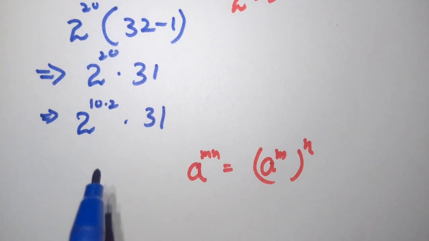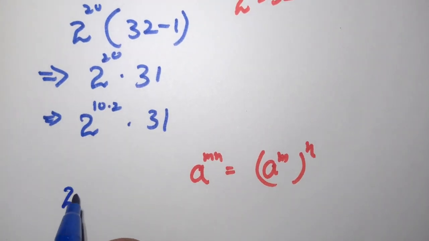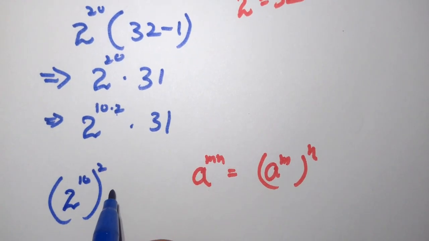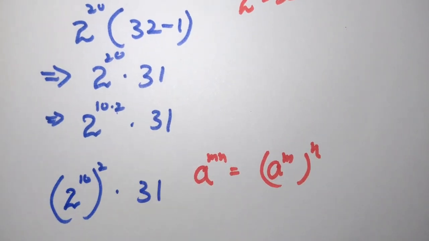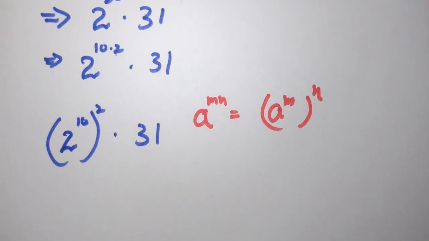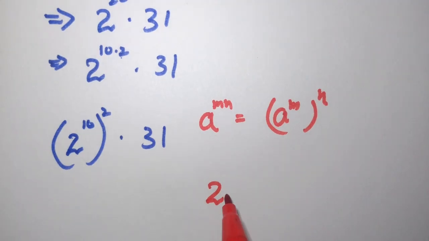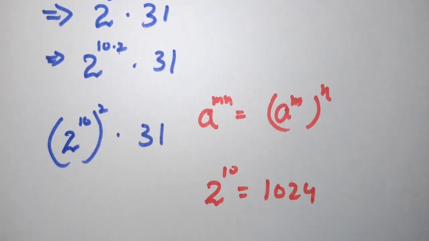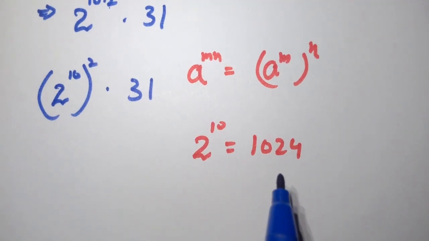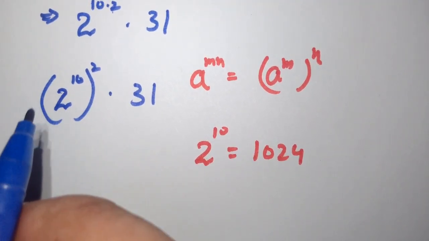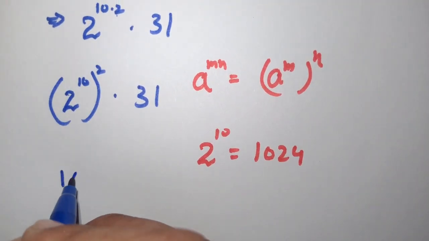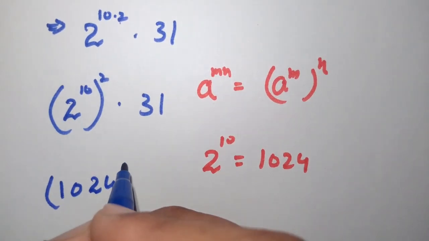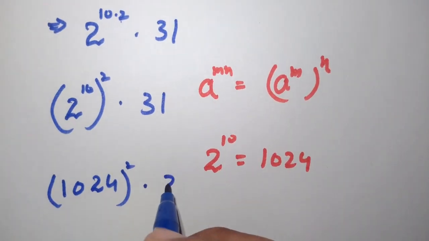So this will become 2 to the power of 10, whole square, times 31. We also know that 2 to the power of 10 is equal to 1024. So we write 1024 in place of 2 to the power of 10. This will become 1024 whole square times 31.